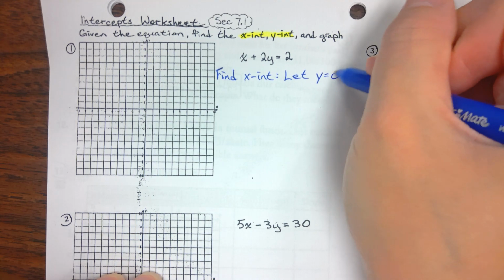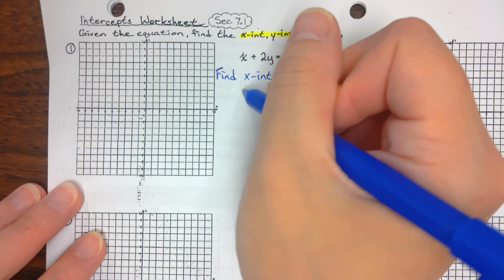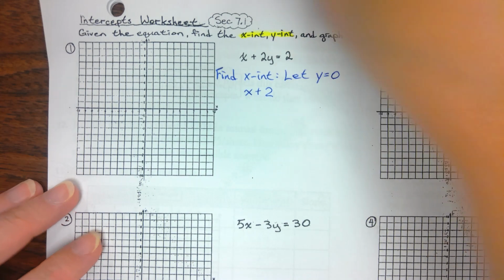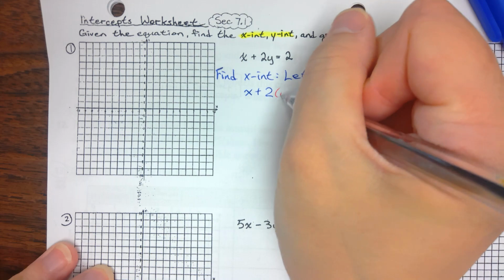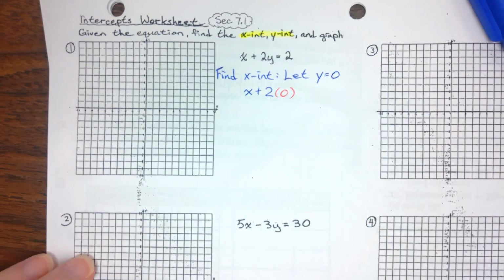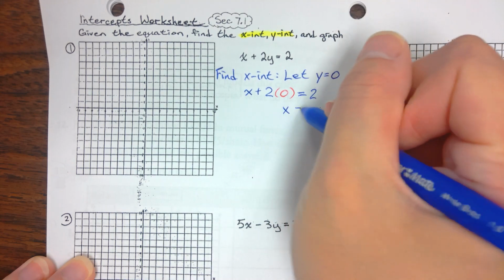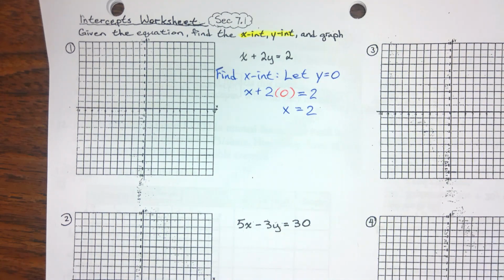Yeah, you let y equals 0. So let's sub it in. x plus 2 times 0 equals 2. And so you get x equals 2. 2 plus 0 equals 2, so x equals 2. Done.